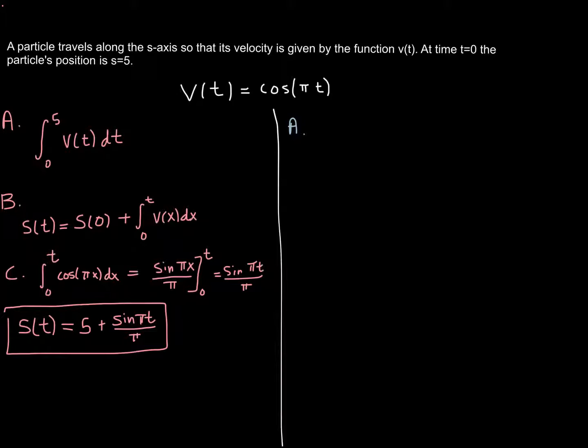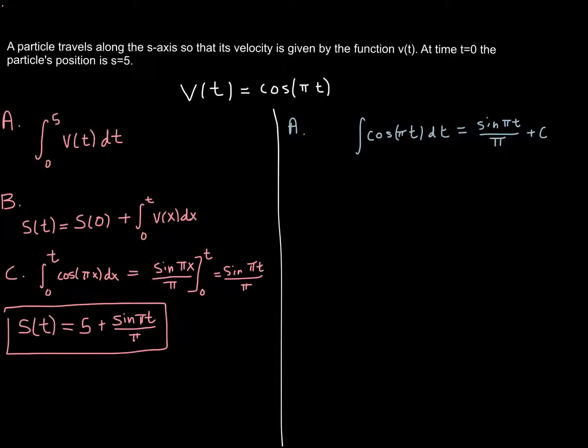Alright, on the other side, I'm going to use the indefinite integral to take the general antiderivative of my velocity function. And similarly to what I have just discussed on the other side, the antiderivative of cosine of pi t is going to have the first component, which is just going to be sine of pi t over pi plus any constant c.